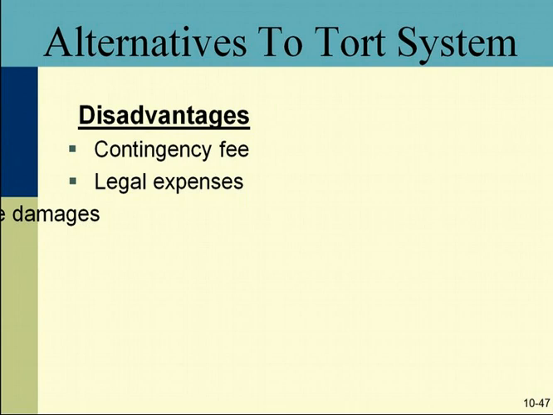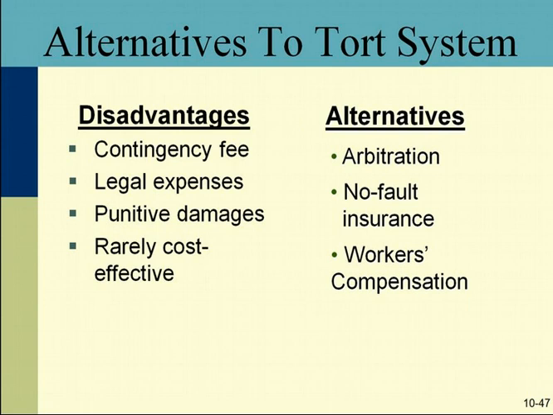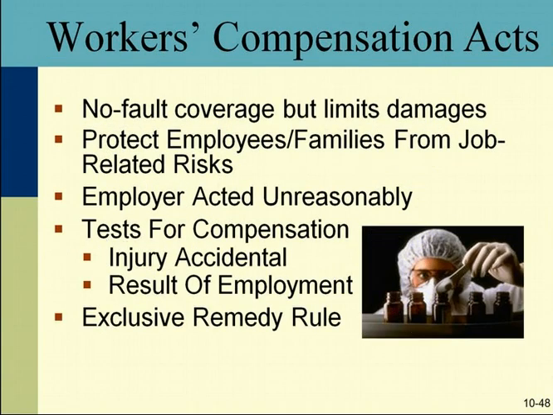There's the whole issue of contingency fees. That's where the attorney gets paid a percentage of the award that they win for their client. There are alternatives to just lawsuits: arbitration, no-fault insurance, workers' comp. Workers' comp is a state-by-state no-fault program where if an employee is injured, they get a workers' comp claim for the amount of the injury.